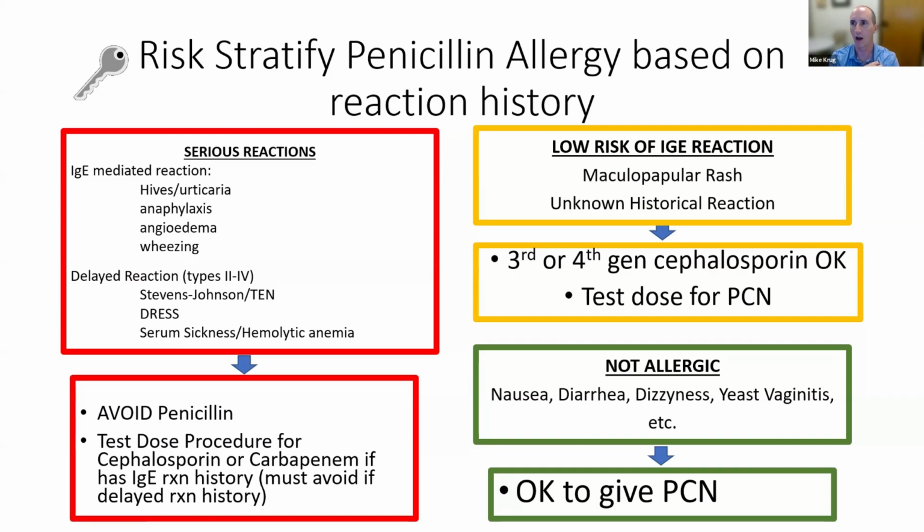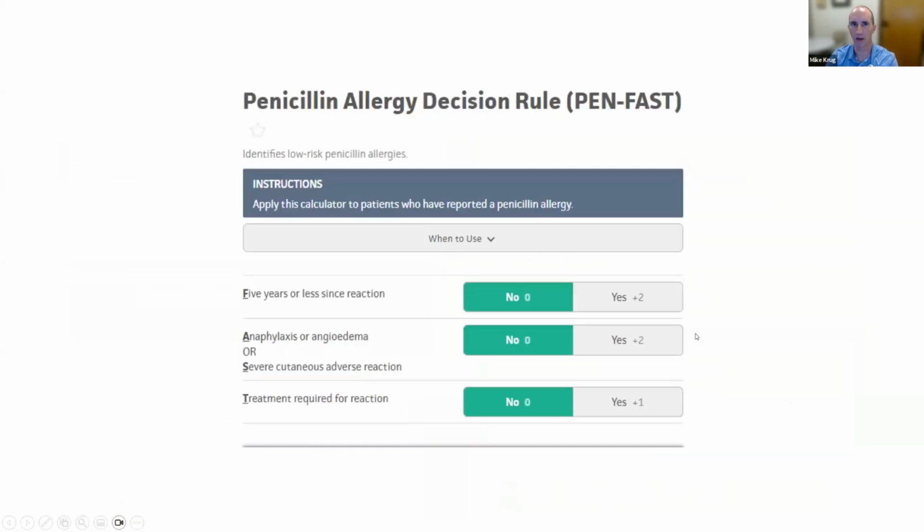This is the uncommon patient, the 1%er who actually has had an IgE-mediated or delayed reaction. If they're lower risk, like they just had a maculopapular rash, not hives, or they're not sure what happened, their PenFast score is low, treat them with the cephalosporin or the carbapenem. It's extremely low risk. If you're going to use a penicillin, you might think about a test dose up front. And of course, if they just have an intolerance, you're going to give the penicillin.